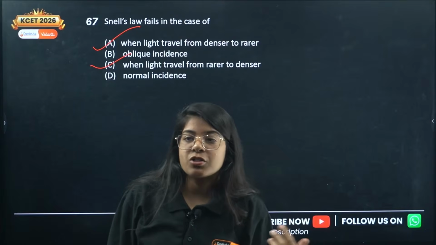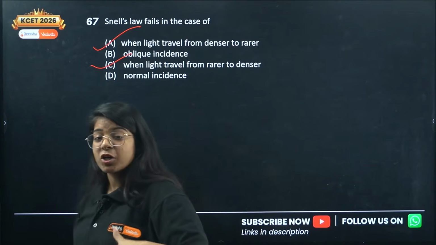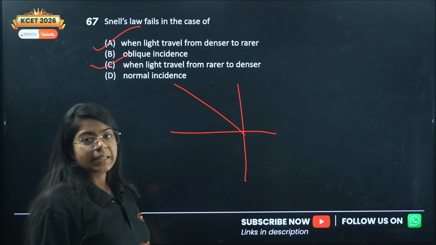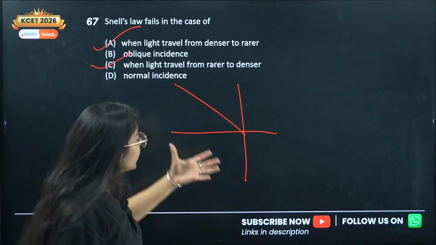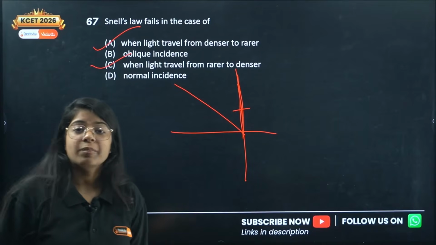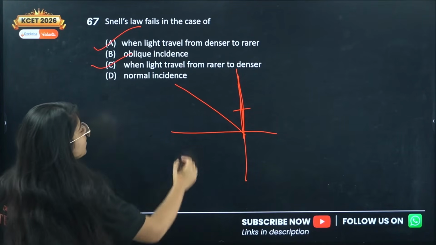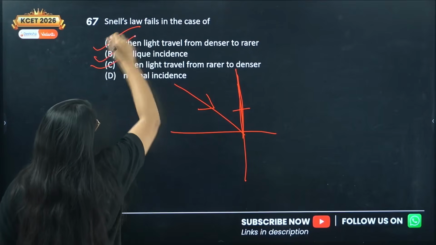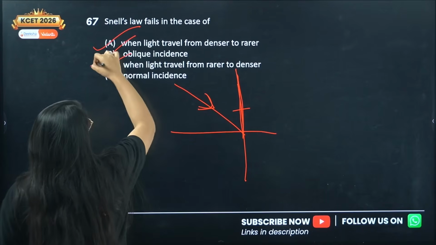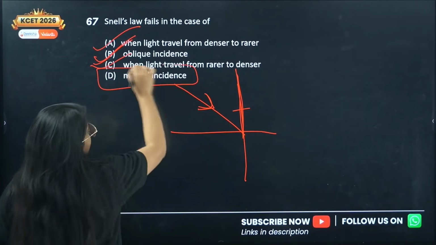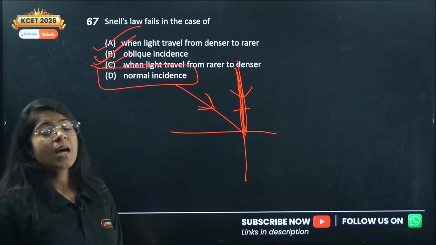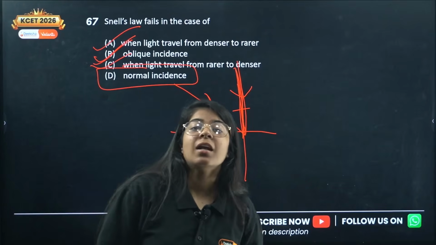Every time we have done numericals of refraction, the light is always obliquely incident on the interface surface, right? It is not incident at a normal incidence angle. So it gets incident obliquely, and in those cases Snell's law was applicable. But in normal incidence, when the incident light is coming parallel to the normal to the surface, then Snell's law will fail.